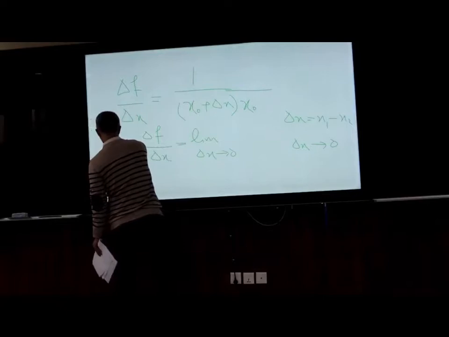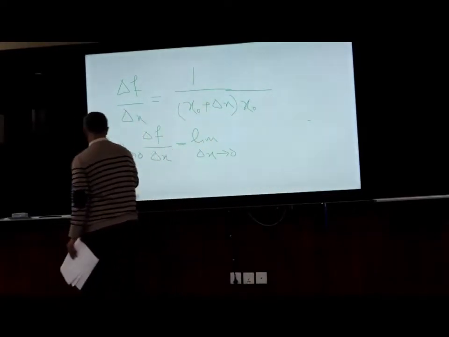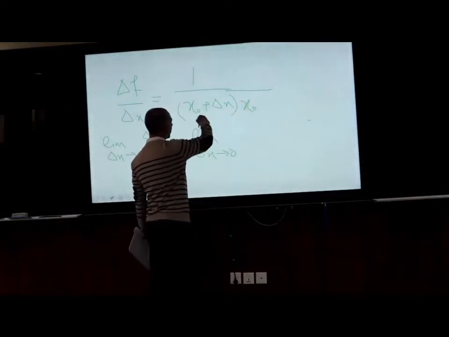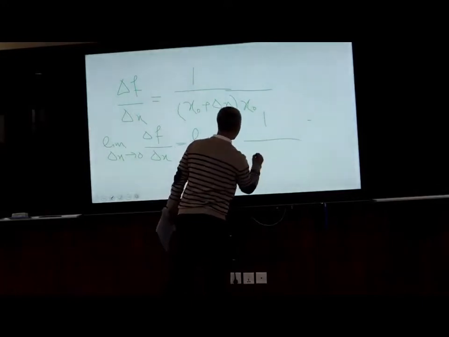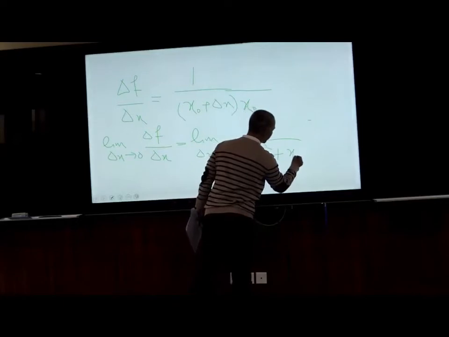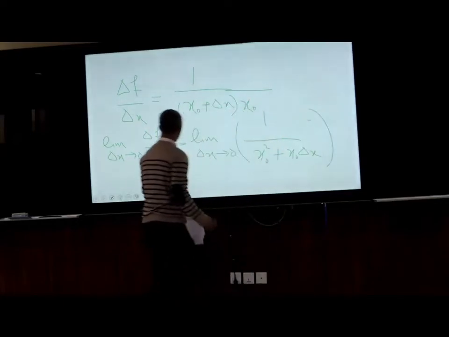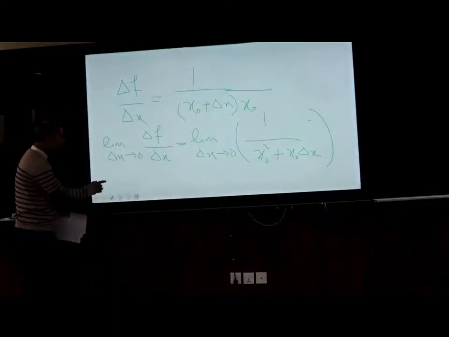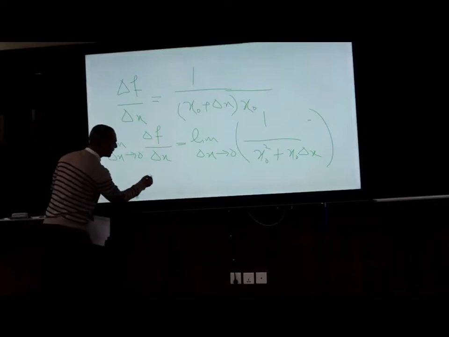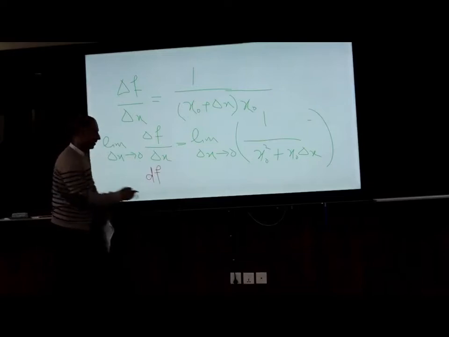Okay, let me erase this one. We will multiply this x naught, it will become square, x naught square plus x naught delta x. On applying the limit, our left hand side will become what? This will become the smallest change at an instant.